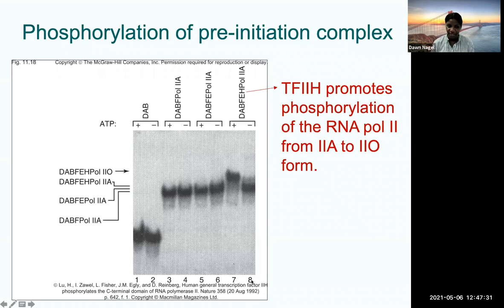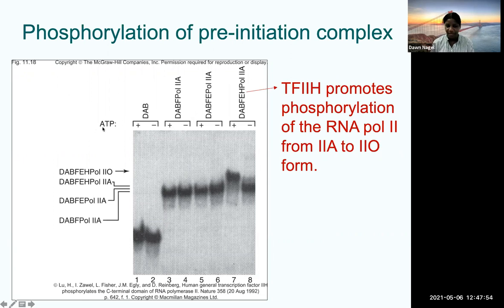Each of these lanes, or each pair of lanes, has the same general transcription factors. They either have additional components, F, E, or H, and then you have polymerase present in these different sets of samples.